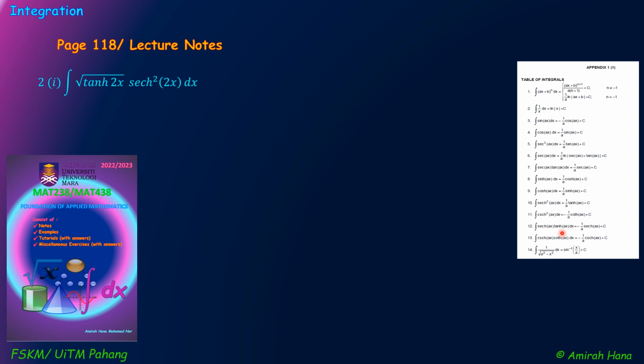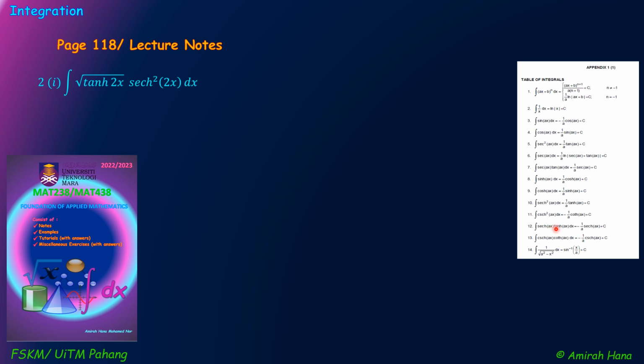Okay, so means that our u not equals to the argument. Maksudnya kita tak boleh buat u equals to 2x sebab kita tak ada formula untuk integrate function sec tan dengan sec squared kita ada kat sini.